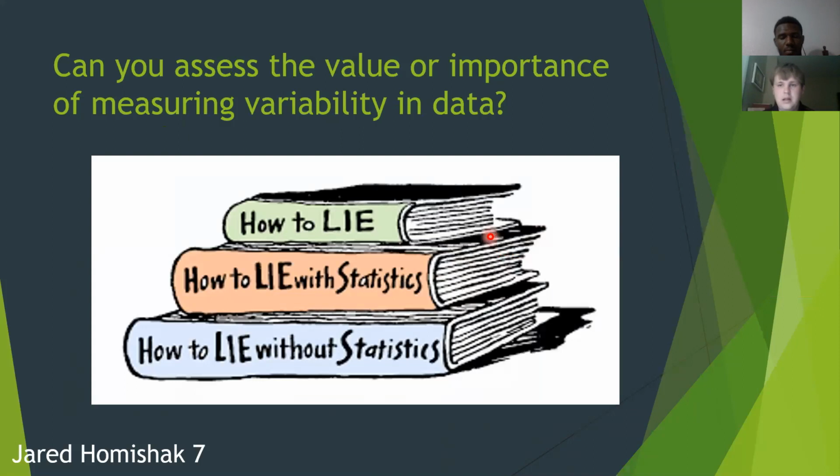So basically, the most important thing I want y'all to understand is that understanding variability and different ways of calculating the way that the data works helps you gain a better understanding of what these numbers are telling you that you would not get if you just looked at the raw numbers.